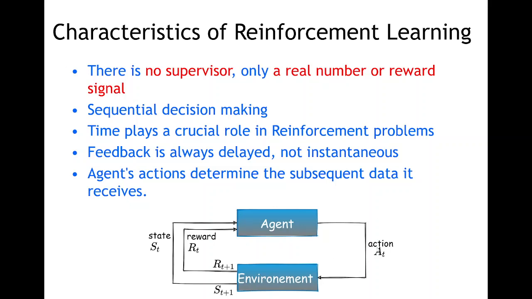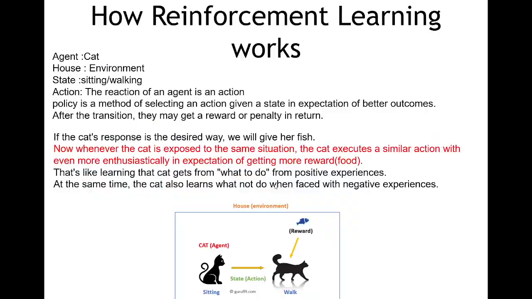And based on this action, the agent goes from one state to another state of that environment. And then the agent checks what is my reward. And based on this reward, it takes another action and may move to another state. So it's basically that based on the environment reward, the agent is changing its action, which is bringing it into a new state. This is the basic concept of reinforcement learning.